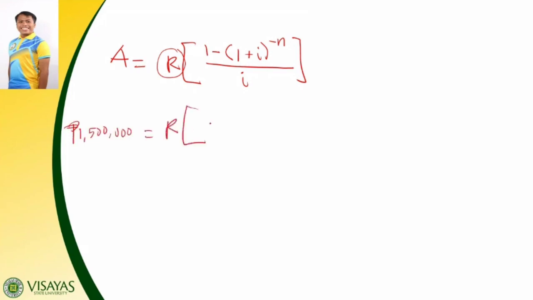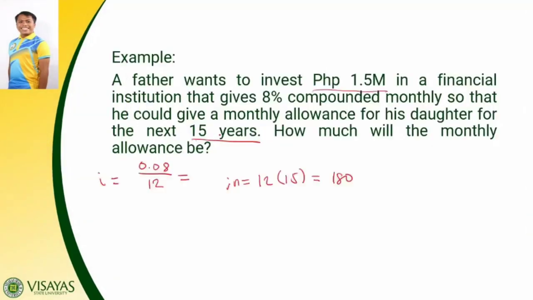R is unknown. For the 1 minus 1 plus I, our I is 0.08 divided by 12, which is just equal to 1 over 150.